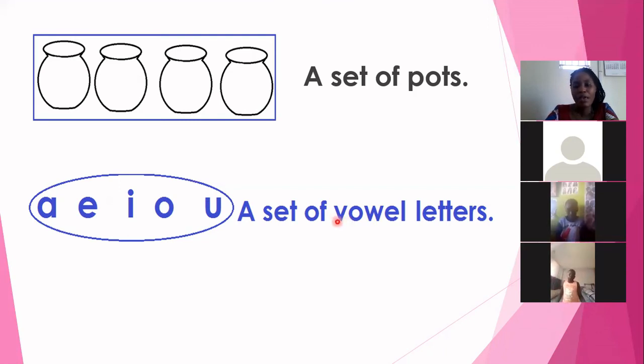We have V, O, W, E, L, the word vowel. Then we go to letters L, E, T, T, E, R, S. So our set is named as a set of vowel letters. Hope we are together.